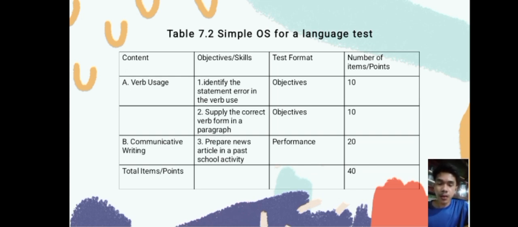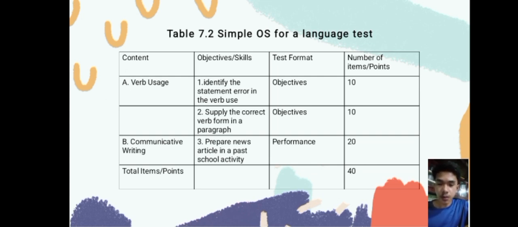It has only one correct answer, for example multiple choice, true or false, fill in the blank, or matching type. Those questions are under the objective item test.